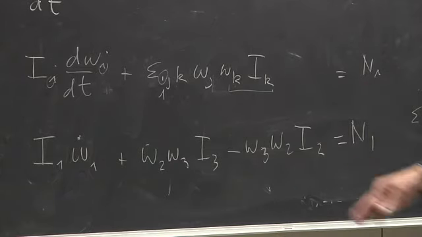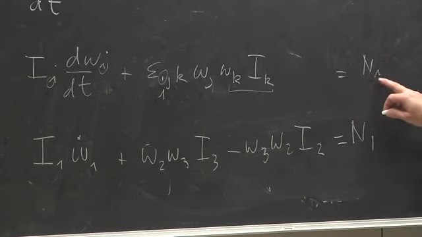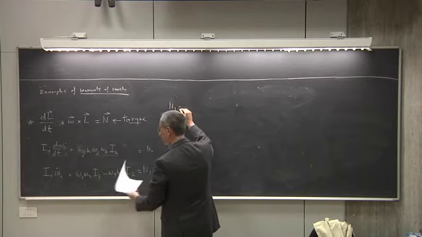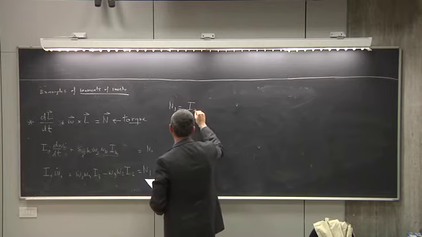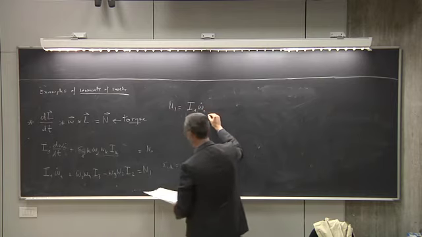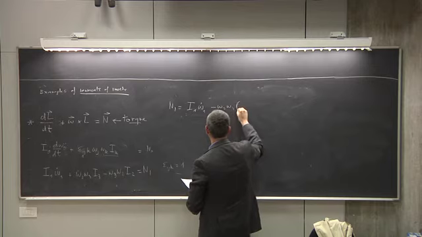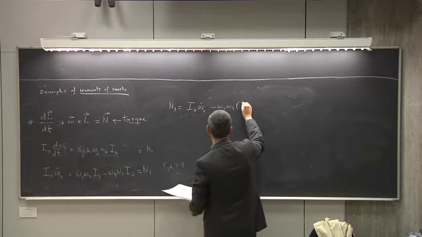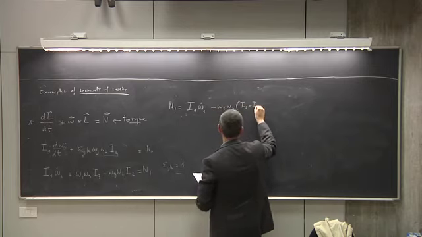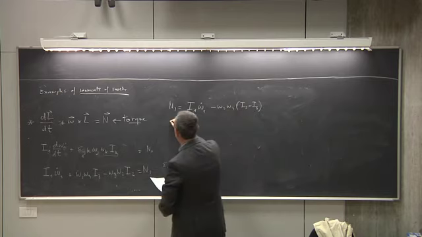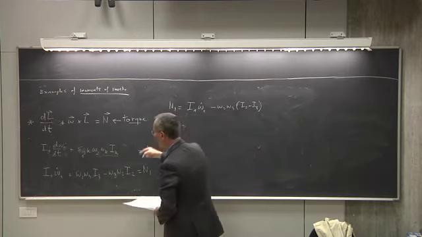This equation, in the language that we introduced today, gives rise to three equations, one for each component of the torque. So N1 is equal to what I wrote there: I1 omega dot 1, then I can collect this because you see it is minus omega 2 omega 3 (I2 minus I3). And for N2, you just go cyclically, you understand, right?